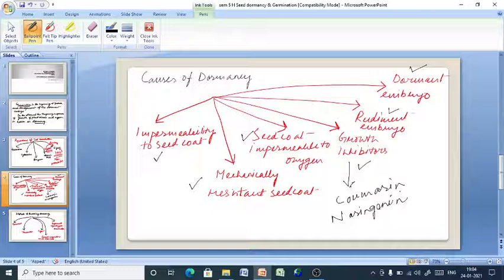Germination of such seeds is naturally delayed till the embryo is completely developed and it gets enough space, enough quantity of nutrients and other supportive factors. So the rudimentary embryo, we get this condition in Ginkgo biloba.